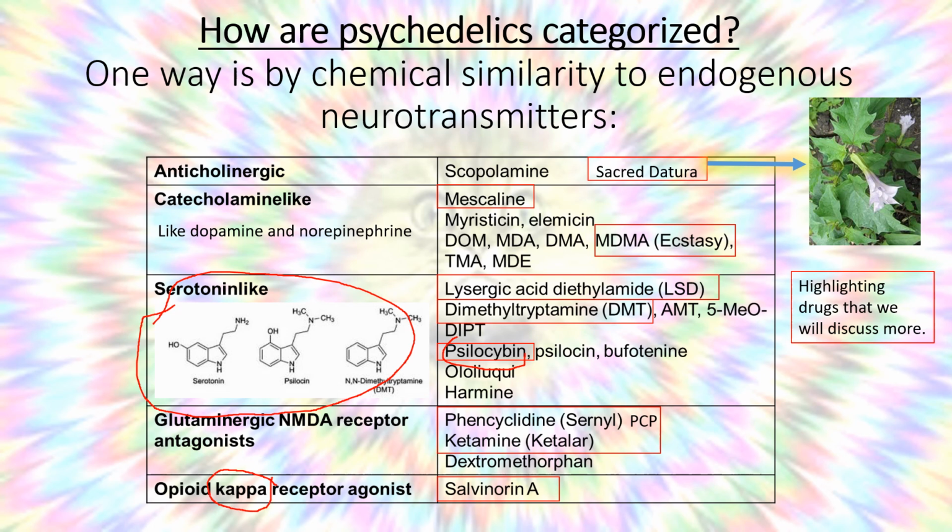You might remember that the mu opioid receptor is the one associated with pain reduction and euphoria. Now kappa is more complicated. It's not as clear that it's simply the pain reduction receptor. And how salvinorin A, through its action on kappa receptors, or other actions, actually induces a psychedelic experience is not known, but we know that that is the receptor system it acts upon.